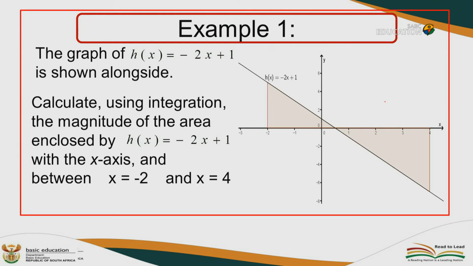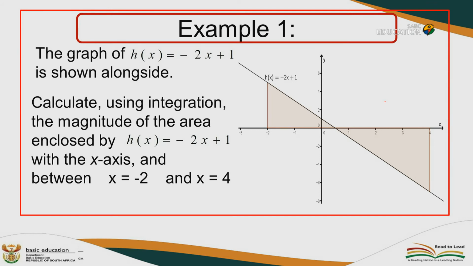Now, the first example here: if the graph of h of x is equal to negative 2x plus 1 is shown on the graph. There, like I've said, the sketch must be given. If the sketch is given, what are you supposed to do? Firstly, identify what type of sketch this is. From the function, that tells you this is a straight line.